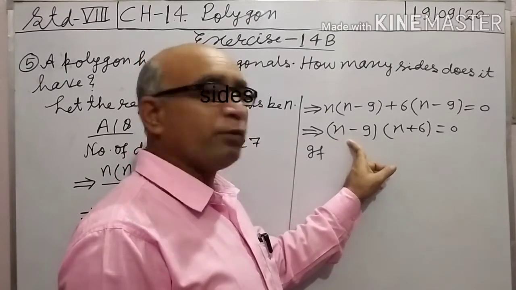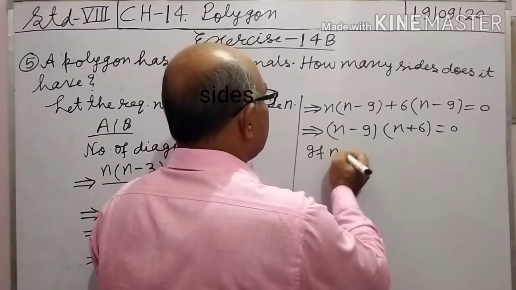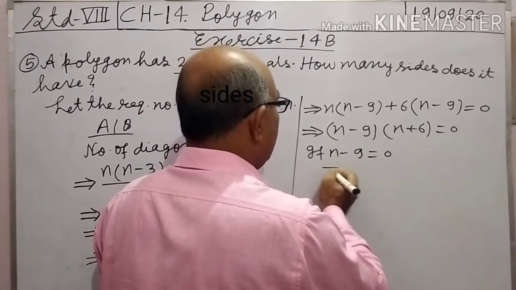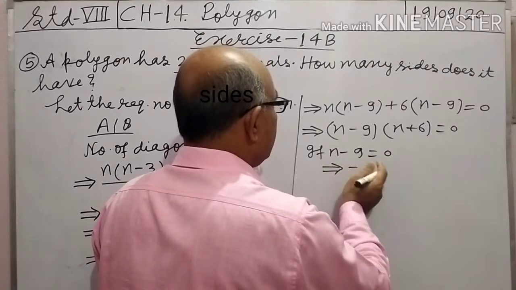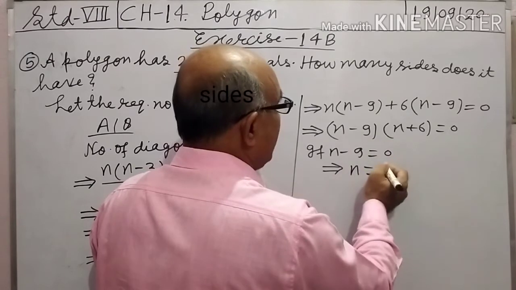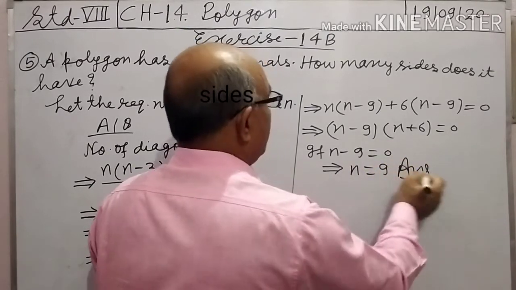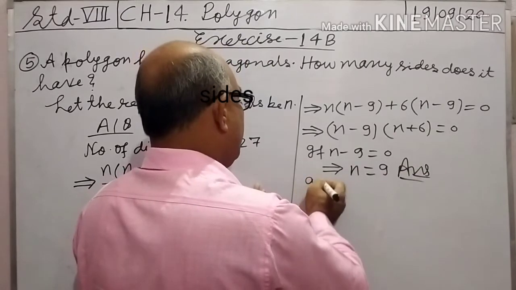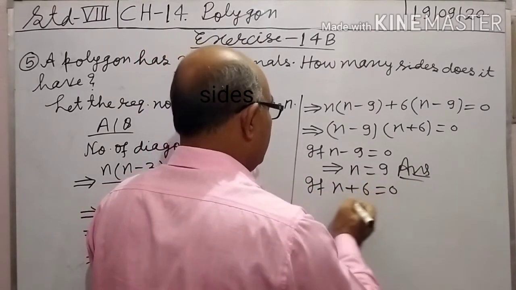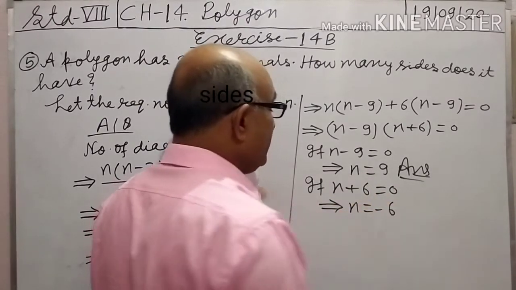Definitely one product is 0. If n minus 9 equals 0, that implies n equals 9 by transposition. Answer: n equals 9. If n plus 6 is 0, that implies n equals minus 6.